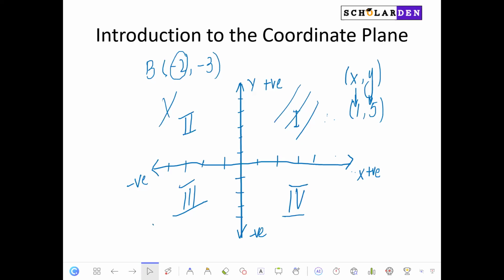And the y coordinate is also negative, so it has to lie below the origin along the downward axis of y. Both the x and the y coordinates are negative, and so it must lie in the third quadrant.